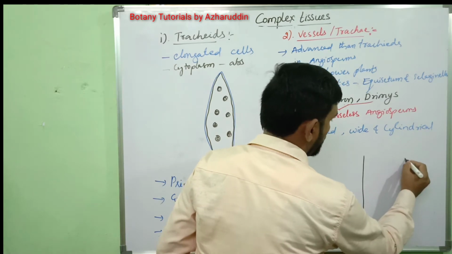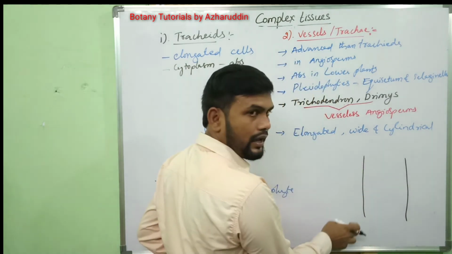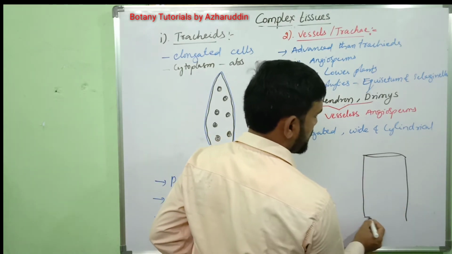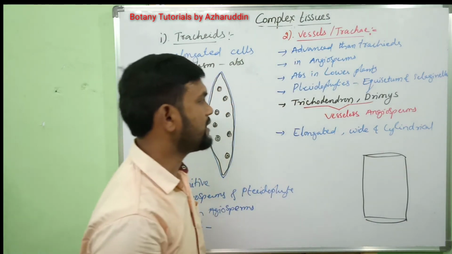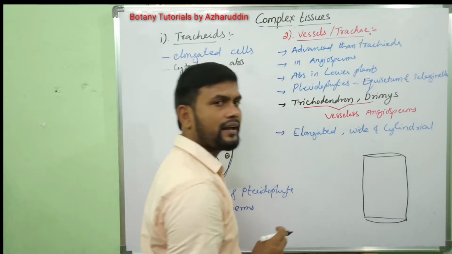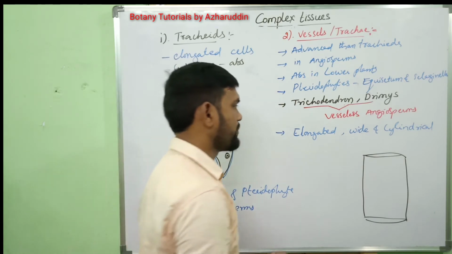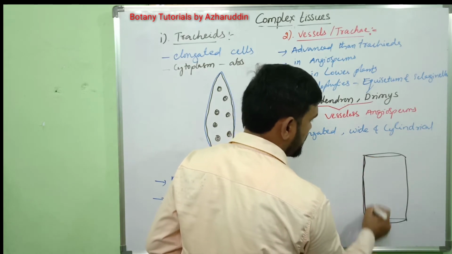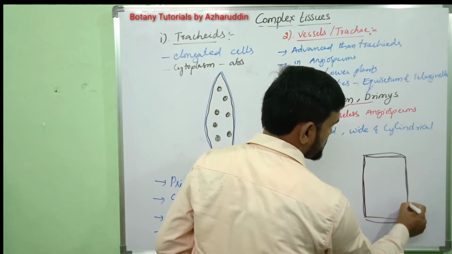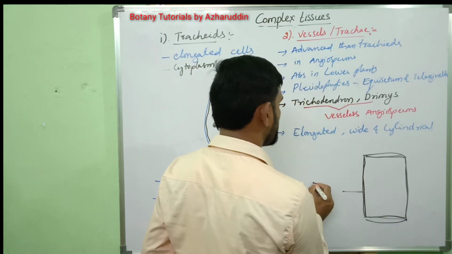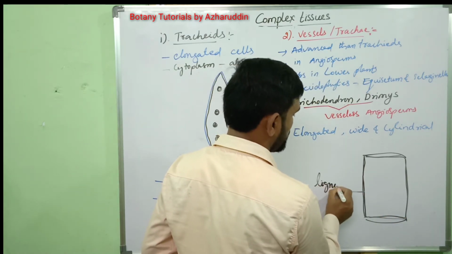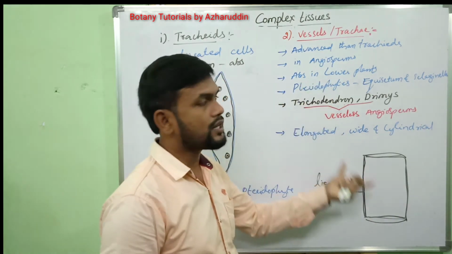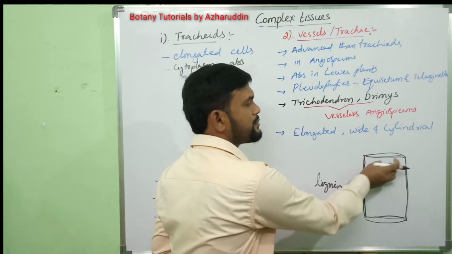They appear like a cylinder and have a wide cavity. The cell wall is thick and made up of lignin. These are also dead cells. Cytoplasm is absent in the cell.